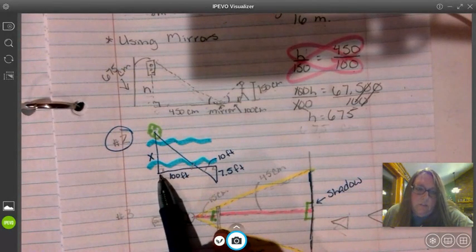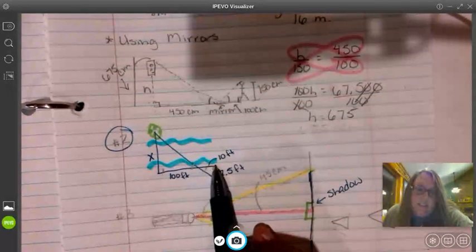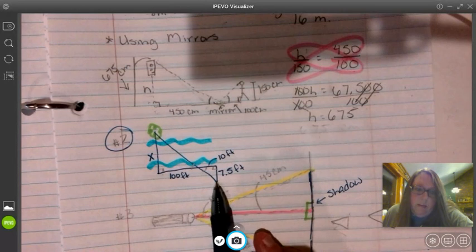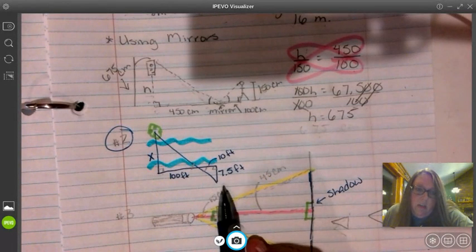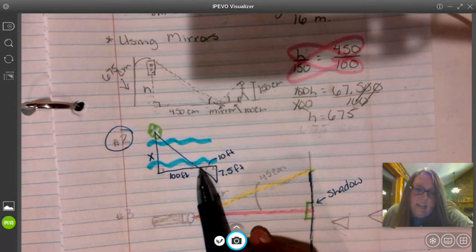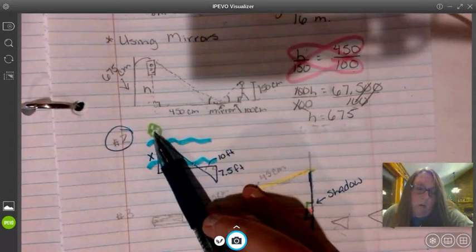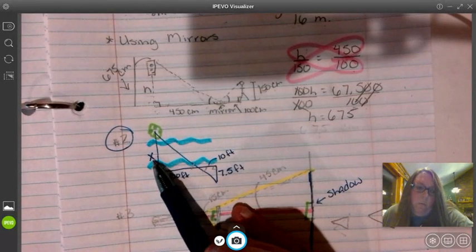We run along the distance here of the canyon, and then we put something out there just like the bush as well. If we're 7.5 feet from the canyon, and that distance is 10, and we know the distance from here to here is 100, and the distance across the canyon is what we're looking for, which is X.